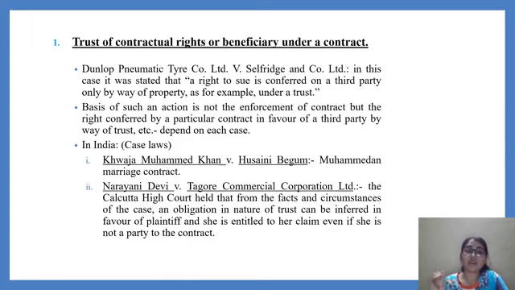But in this particular case, the court held that the facts and circumstances of the case are of such a nature that they form a kind of trust, and when a trust is formed in favor of the plaintiff, she is entitled to her claim even if she is not a party to the contract. So this is the exception of trust of contractual rights, or beneficiary under a contract.